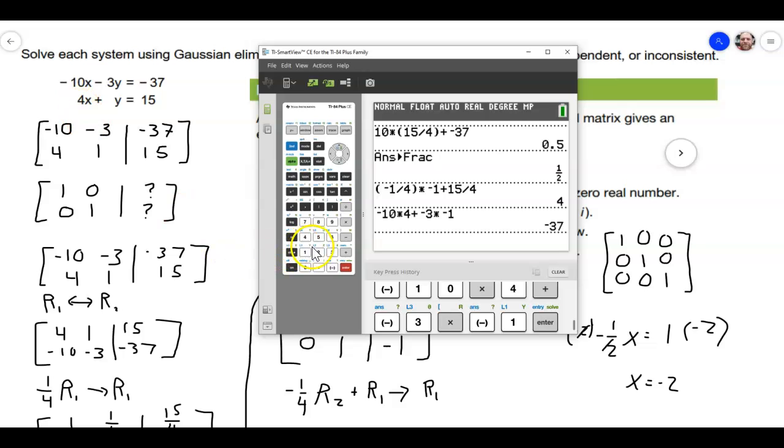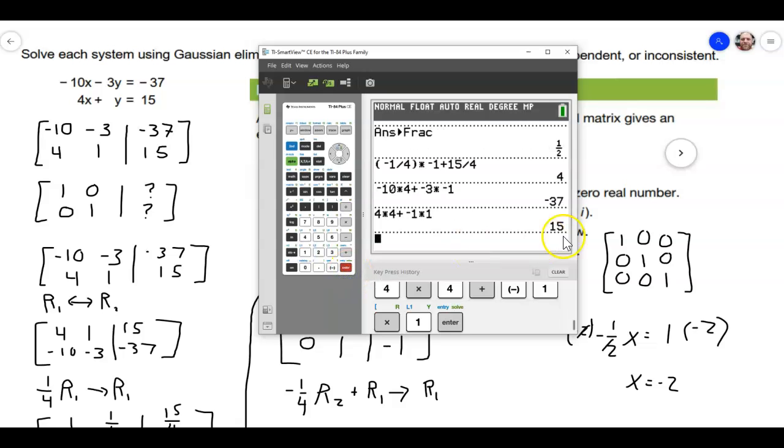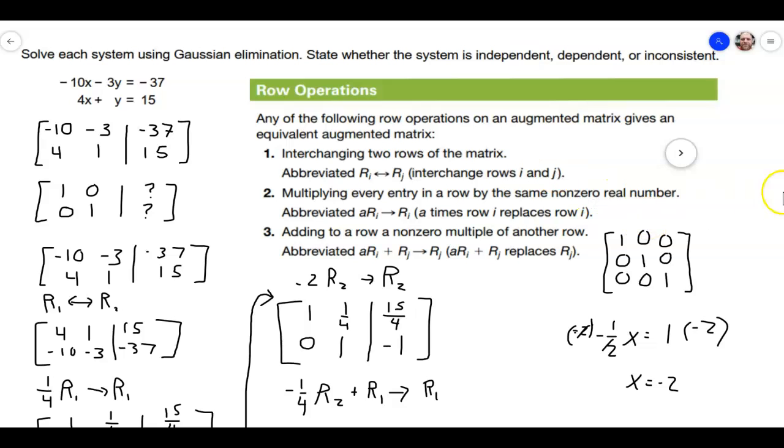And for the second equation, if I do 4 times 4 plus negative 1 times the 1 there, basically a 1, I get 15, and that works as well. So those are my solutions using Gaussian elimination.